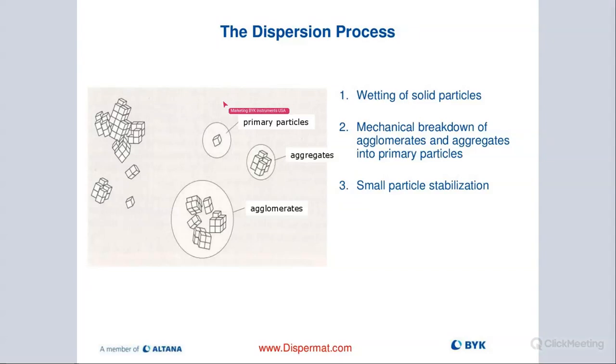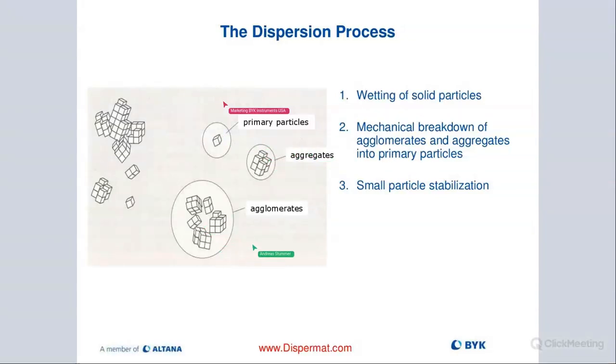By using a Cowles blade, we are able to put in enough shear force to take these agglomerates and reduce them to the aggregate level. If we want to go from the aggregate level down to the primary particle size, which is a single block, that would mean that we would need to do the milling. That will basically get us from the aggregates down to the primary particle size.